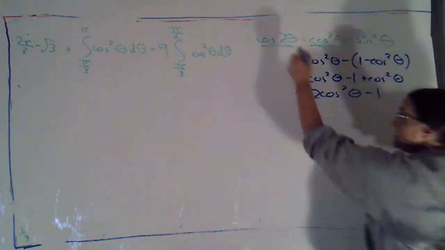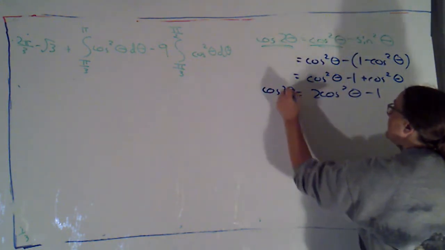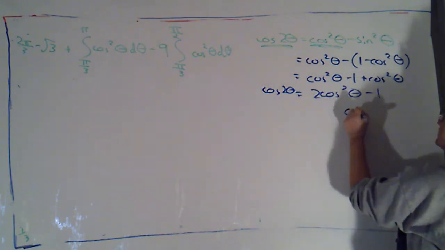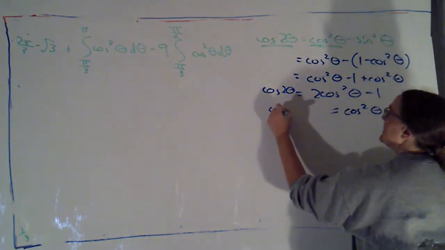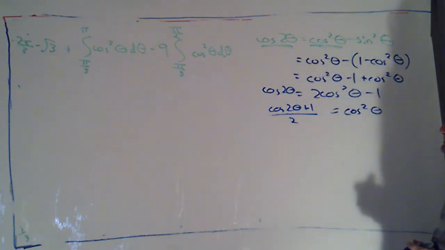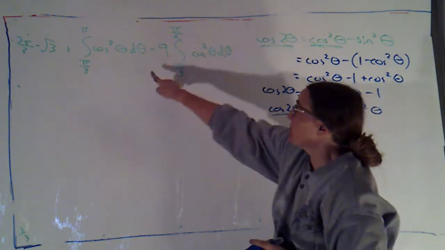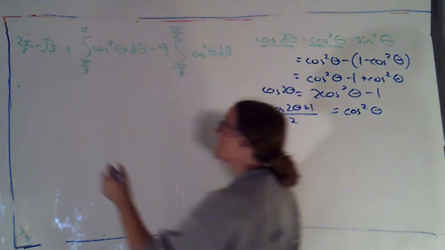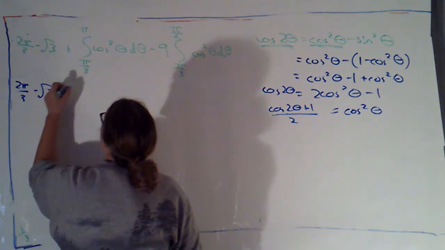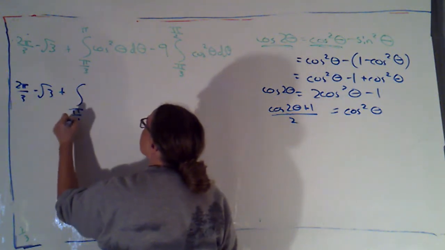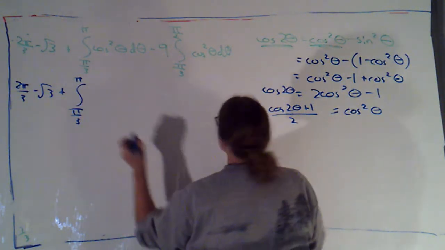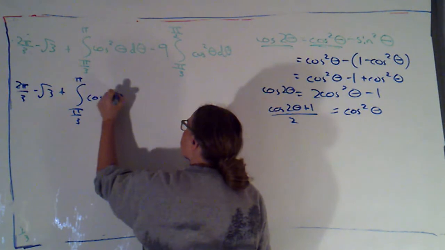Now this is still equal to cosine of 2 theta, so I'm going to solve for cosine squared. I'm going to add over the 1 and divide by 2. So cosine squared theta is cosine 2 theta plus 1 over 2. That's what we're going to integrate here. So we still have 2 pi over 3 minus root 3 plus the integral from pi over 3 to pi of cosine of 2 theta plus 1 over 2.